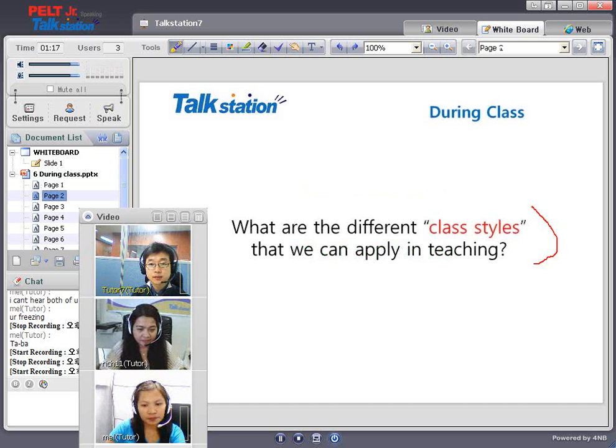Okay, class styles. I know that in most cases, jolly and easygoing is the most preferred class style. That's for sure. But I get quite a lot of phone calls from moms who are concerned. They tell us that it doesn't feel like their children are learning.